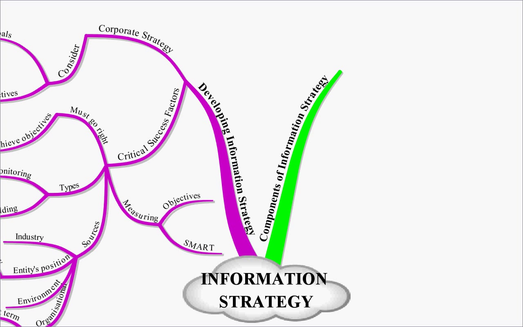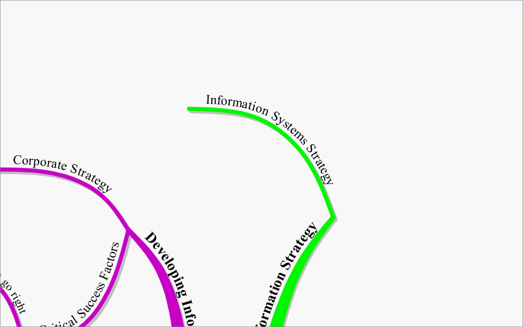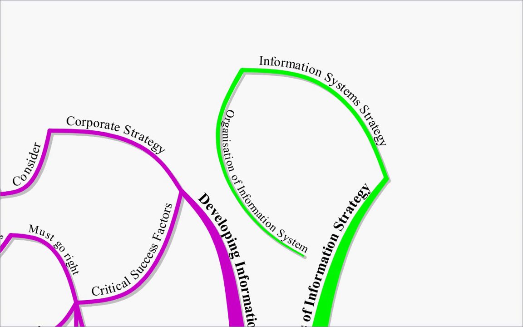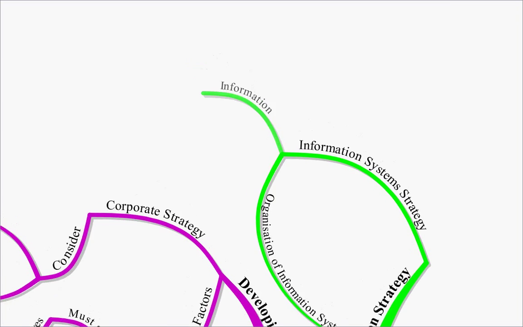What are the components then of our information strategy? Well, there are three things we need to look at. The first thing, information systems strategy. This is basically the organisation of the information system within the entity. How information is gathered and distributed throughout the organisation.